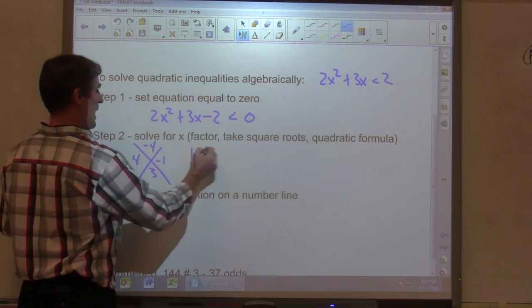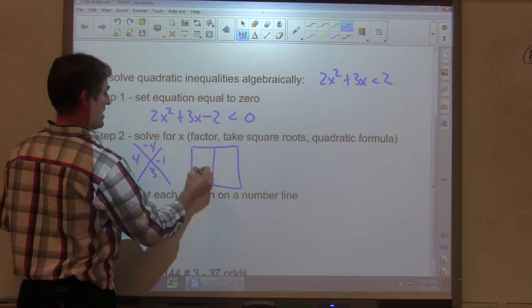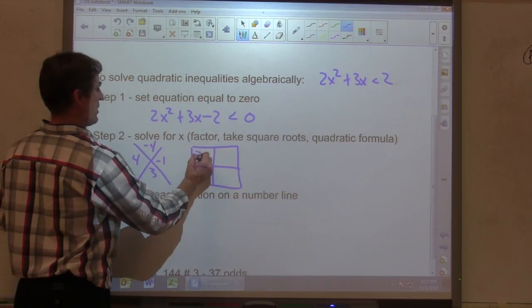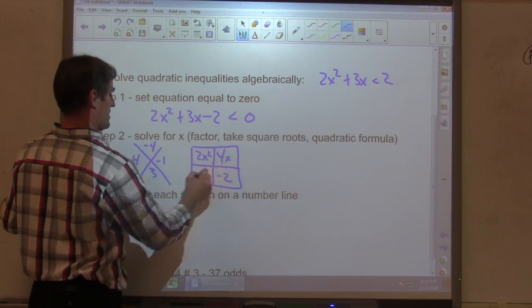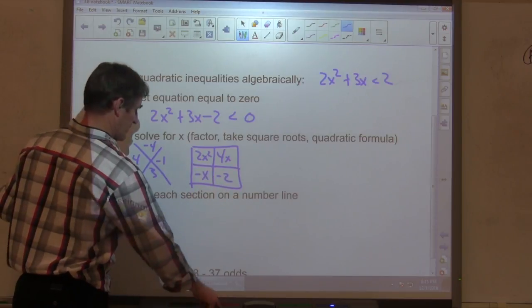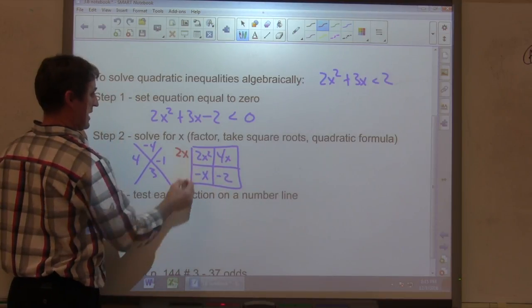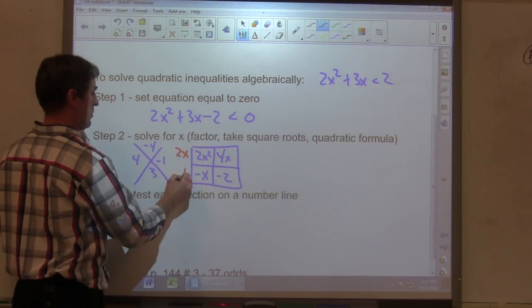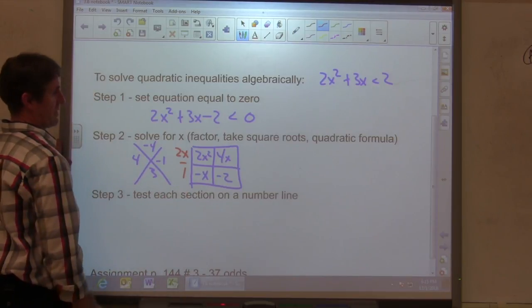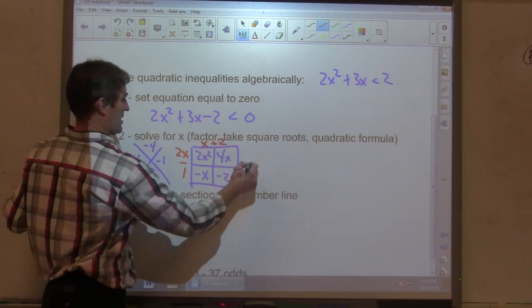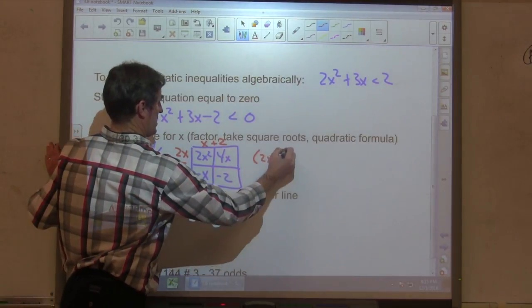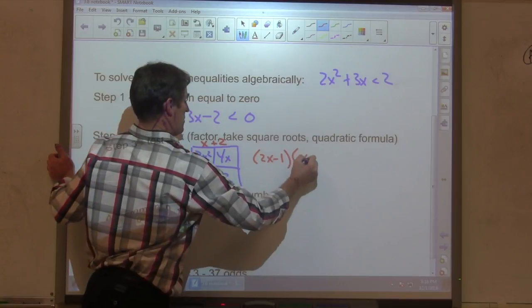Now we have to build the box because a is not 1. So that's 2x squared minus 2 and 4x and negative x. Greatest common factor is 2x. Greatest common factor would be 1. It's minus for the first box. x and 2. And the first box is positive. So it's 2x minus 1 and x plus 2.